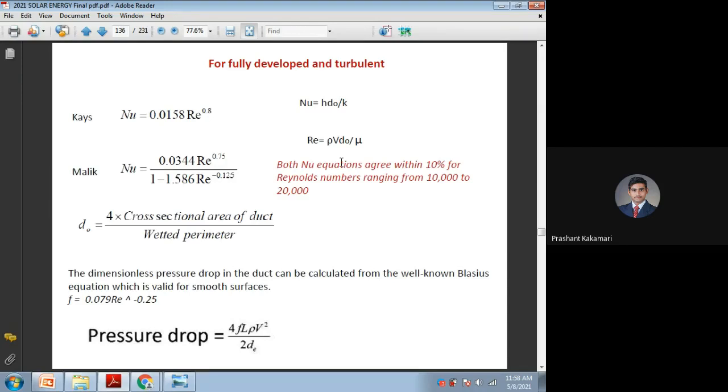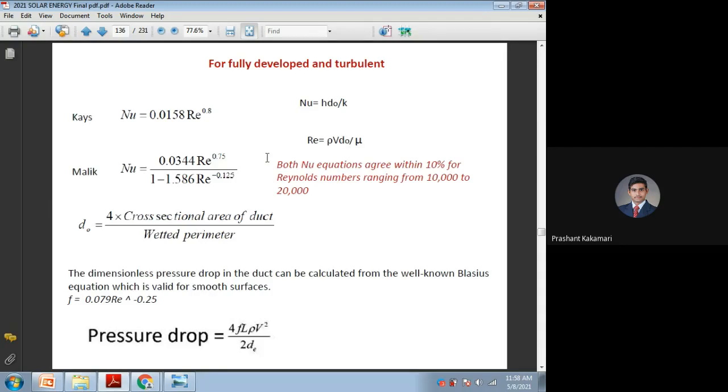And also the Reynolds number, all of you know how to find it. Anything related with flow, we always talk about the Reynolds number to decide turbulent or laminar flow. That is given by rho V D by mu. This diameter D0 is nothing but the characteristic length, or the section in which the air is flowing.